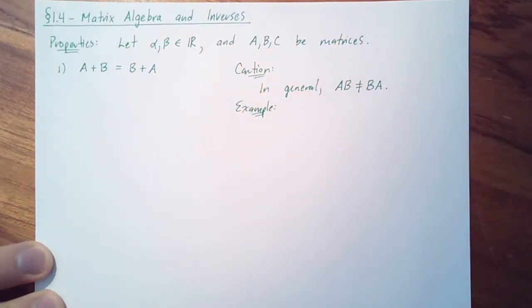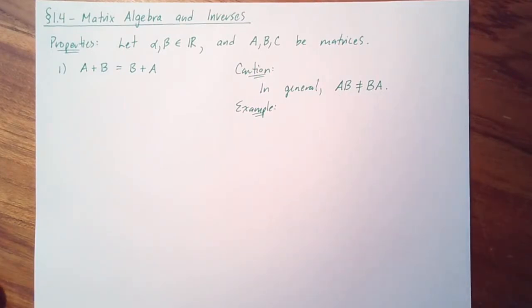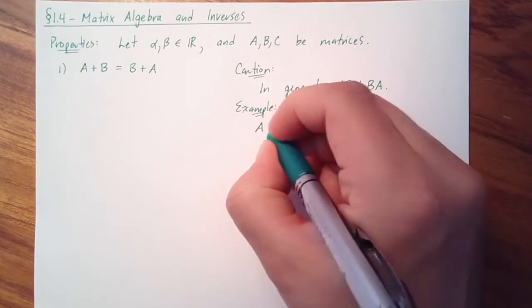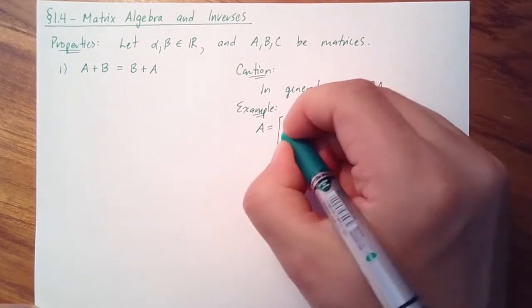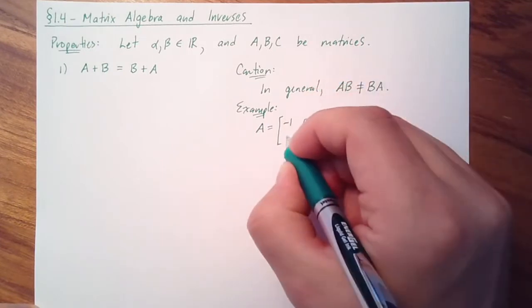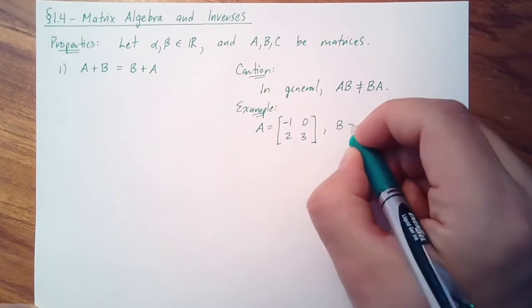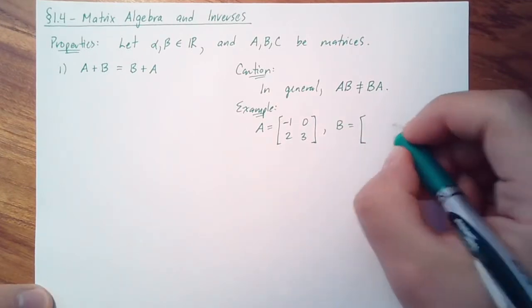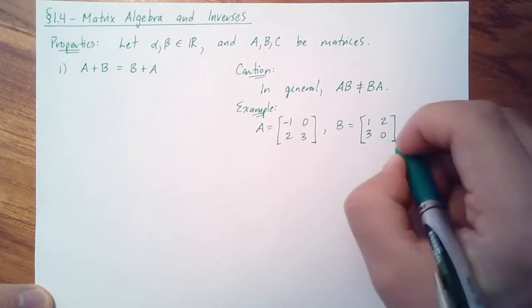Let's look at an example for which these two products disagree, so they are different values. I'm going to make up two matrices. The matrix A, I'm going to write down as -1, 0, 2, and 3, so a 2 by 2 matrix. And I'm going to make B also a 2 by 2 matrix. So those are the entries.